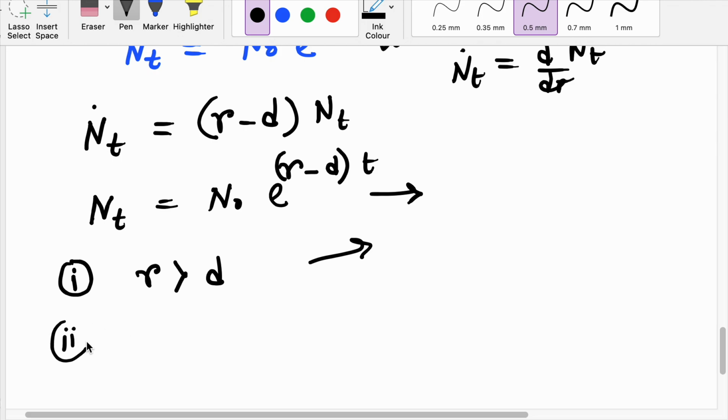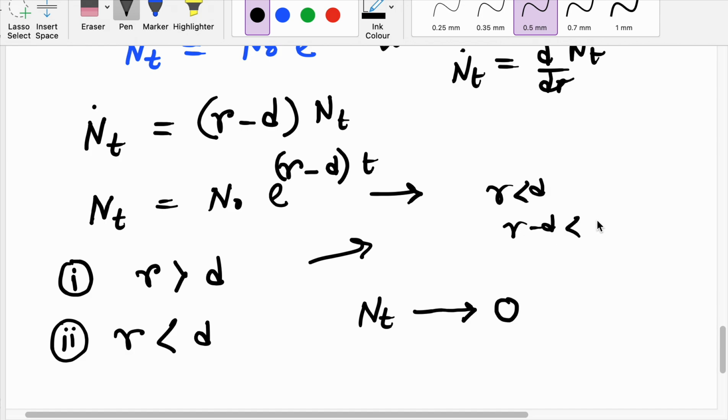If r becomes less than d, then the population N(t) will continuously go towards 0, because r minus d will be less than 0, so this will be e to the power minus (d minus r) times t, and if the limit t tends to infinity, it will become 0.